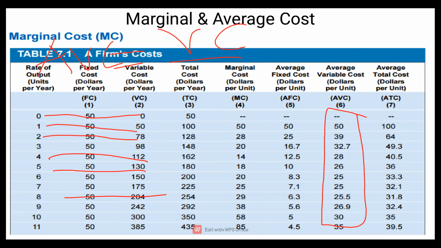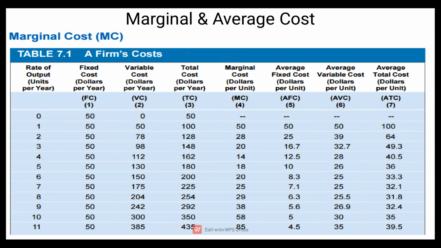Okay. Yes, sir. We go to average total cost. How do you think we find average total cost? How do you find average total cost now? Total cost divided by output. Total cost divided by what?